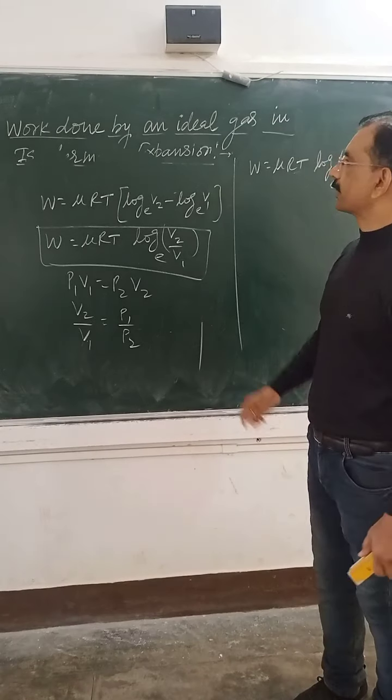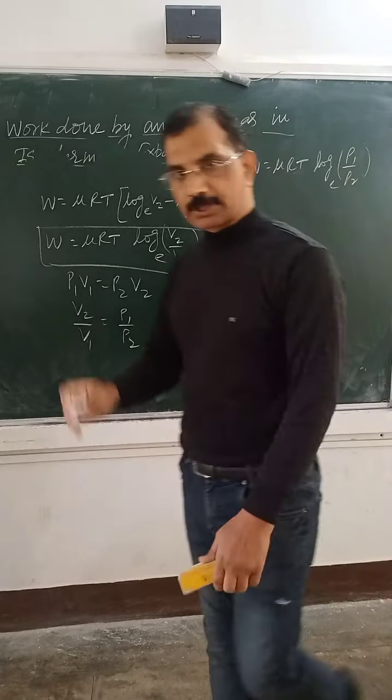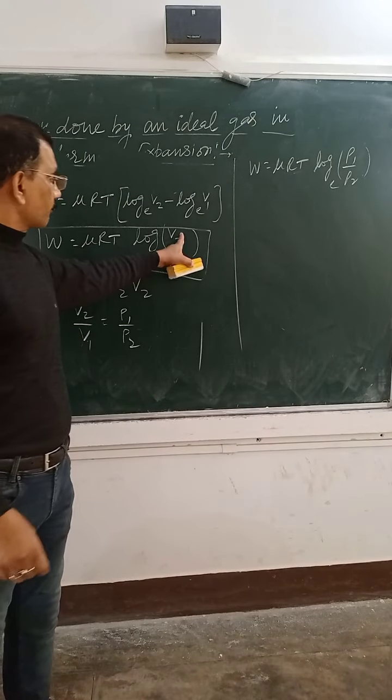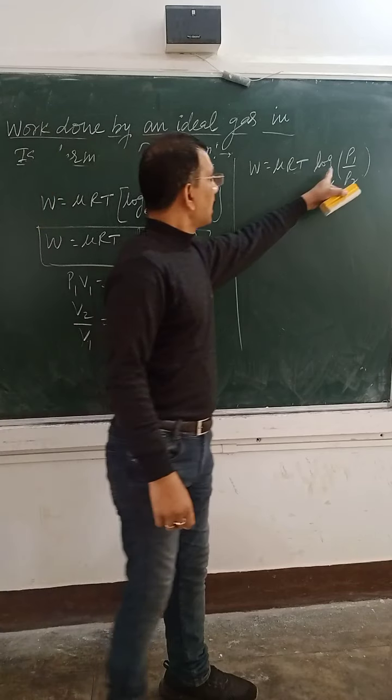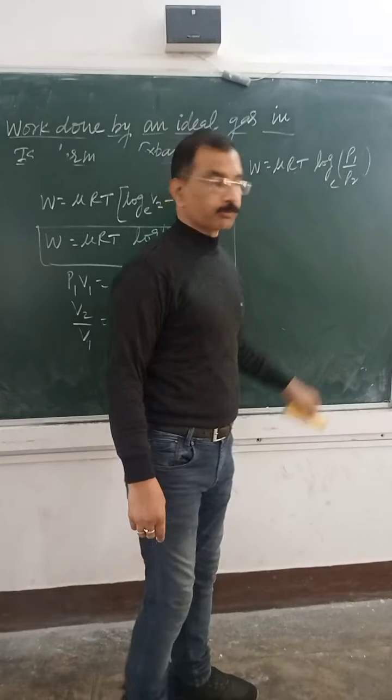So in this way you can say the work done by an ideal gas in isothermal expansion is given by simply W is equal to mu RT log v2 by v1 to the base e, or W is equal to mu RT log p1 by p2 to the base e.